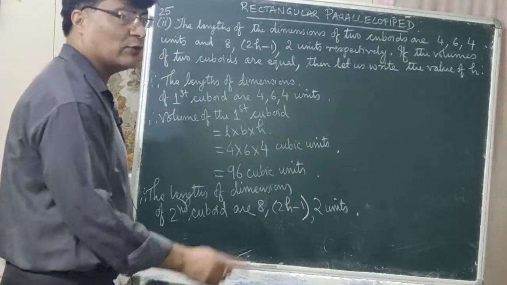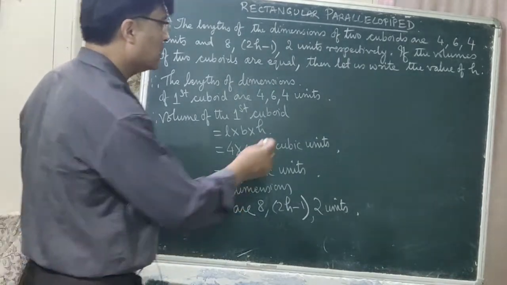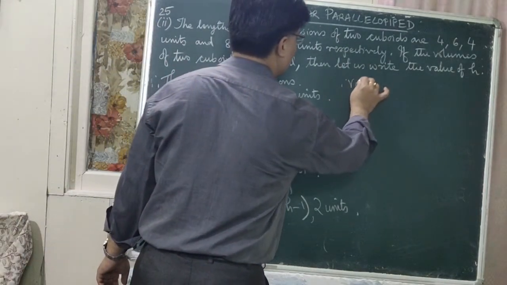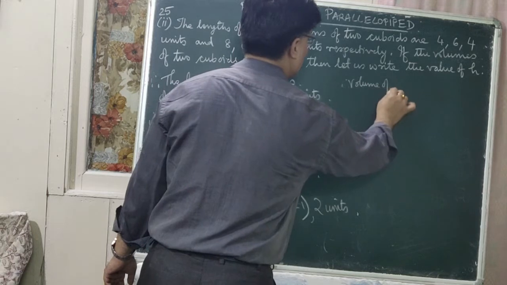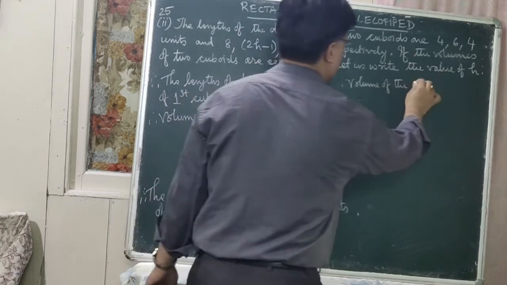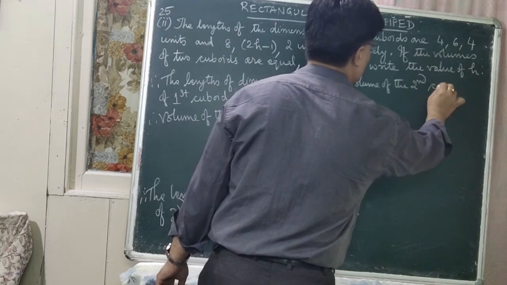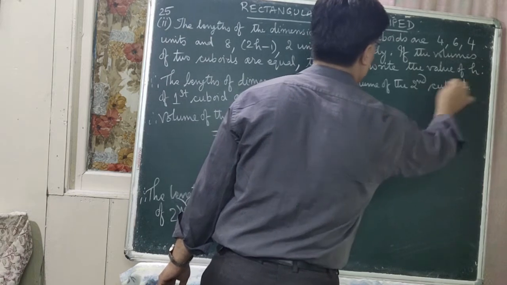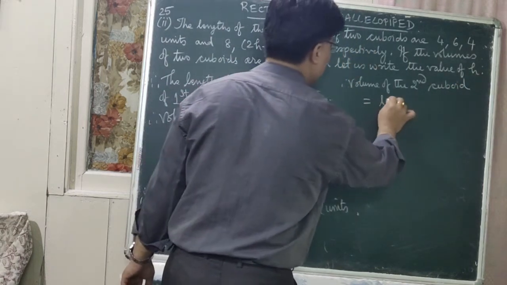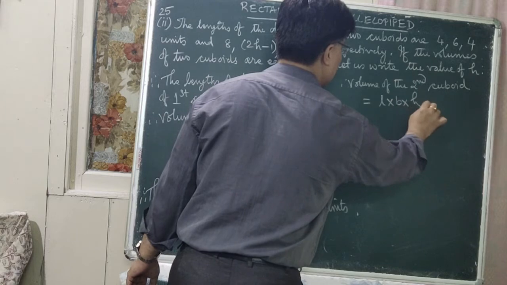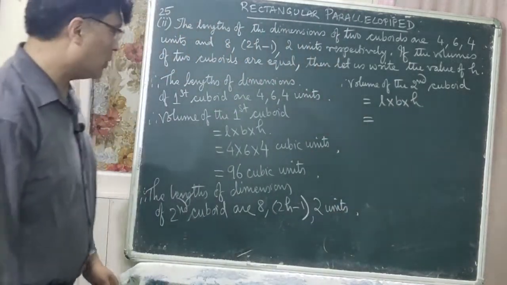So volume of the second cuboid, same formula, length into breadth into height. Therefore volume of the second cuboid is equal to, what is the formula? Length into breadth into height, which is equal to, what is the length out here?